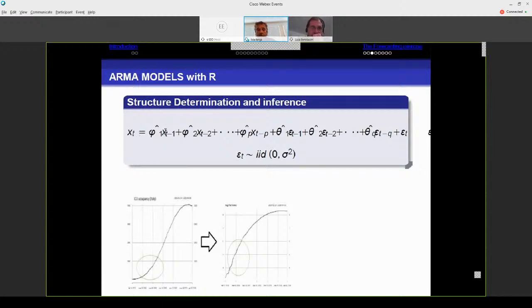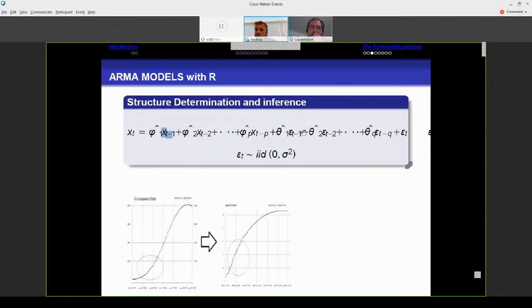So maybe I need the positive in May 12th, May 11th, May 9th, maybe just May 12th, maybe just May 11th. So how can I cut this equation? R does that for you.